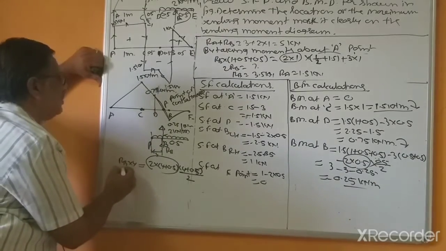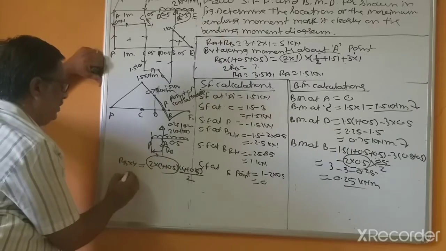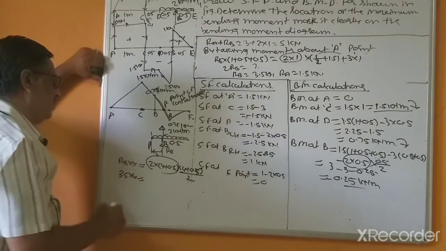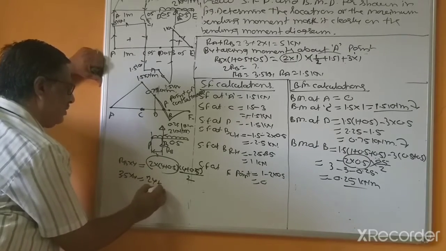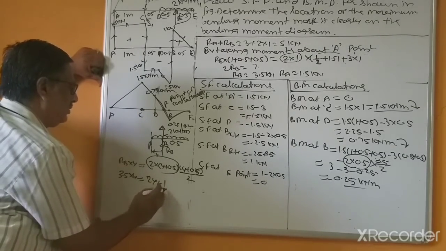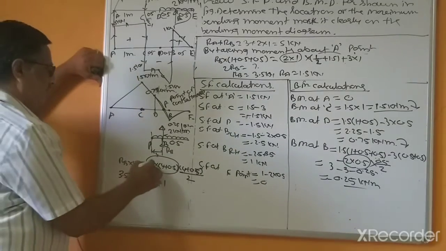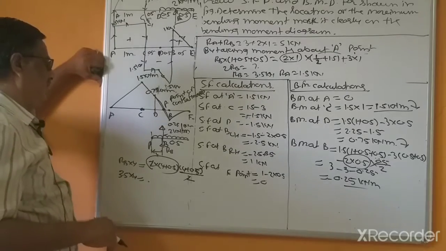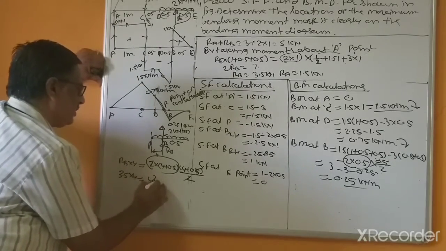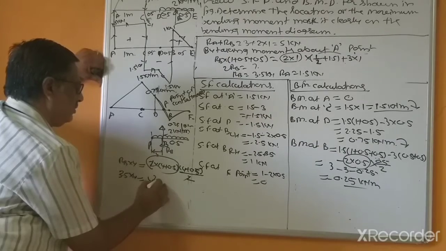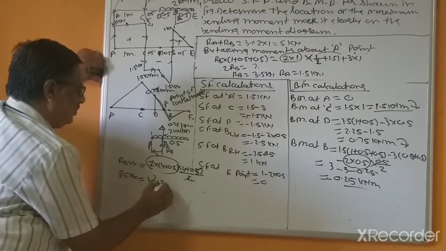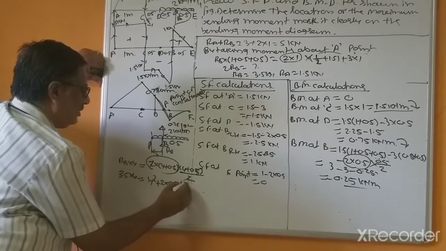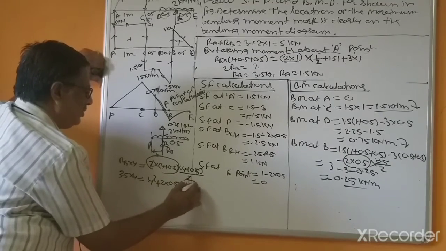Right. So RB equal to 3.5 multiplied by Y, and this is 2Y plus 1, sorry, and this 2 will get cancelled, and this is Y square plus 2 into 0.5 multiplied by Y plus 0.25.